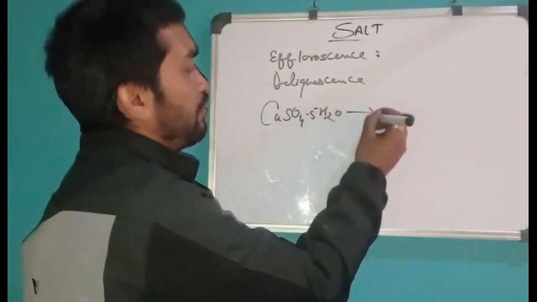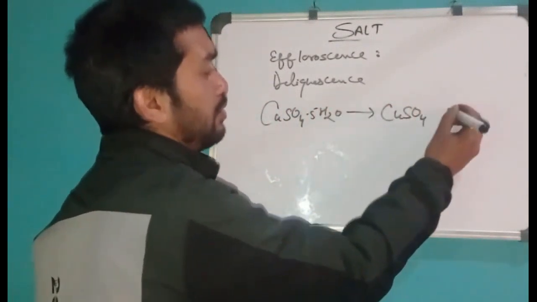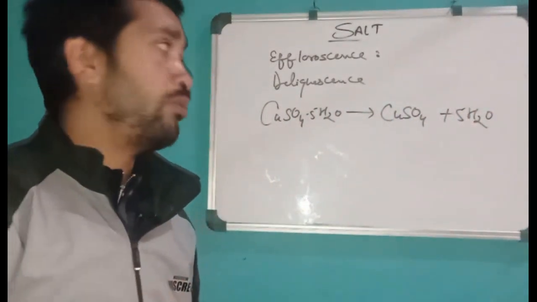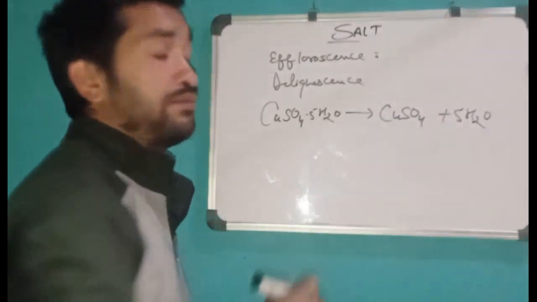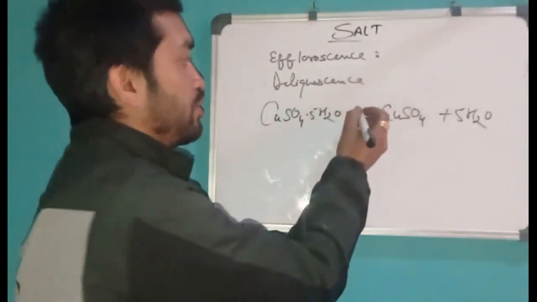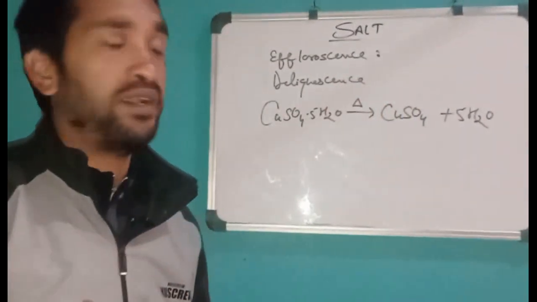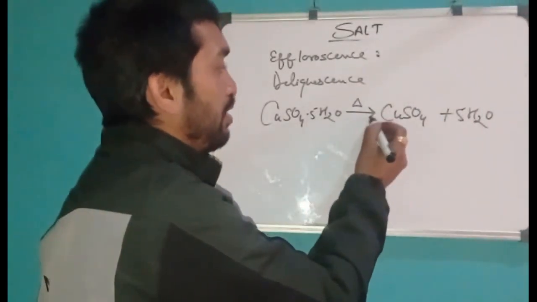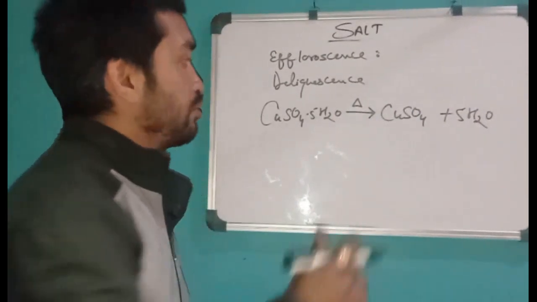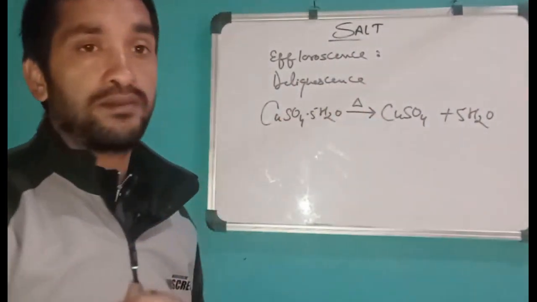Give it some heat, it will change to anhydrous form with the liberation of its loose combination of water. On absorbing heat, it will leave that loose combination. So they are called efflorescent materials.